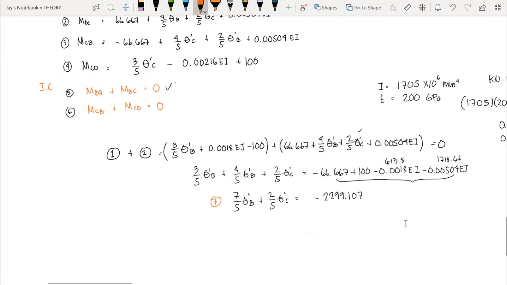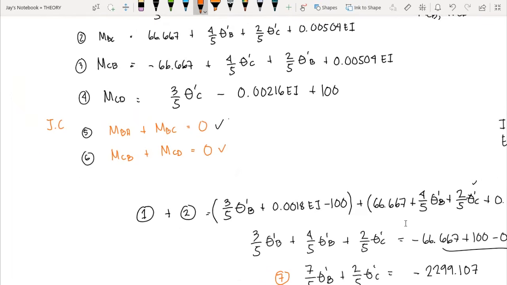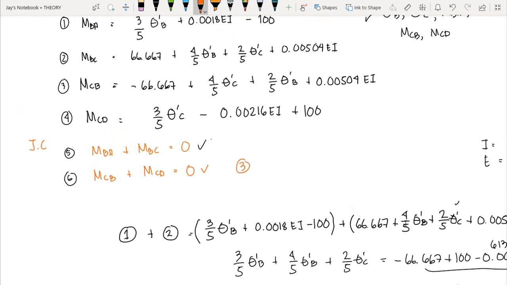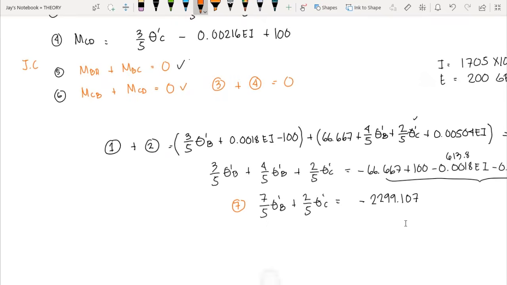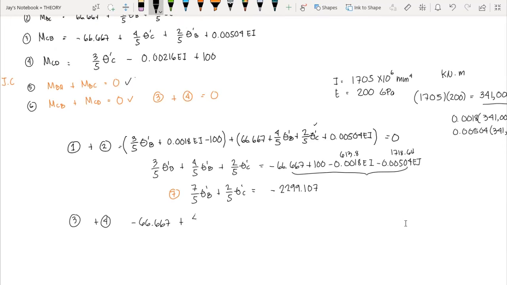Now we create another equation using equation number 6, in which we have MCB plus MCD equal to 0. We have the third equation plus the fourth equation: MCB is negative 66.667 plus 4 over 5 theta prime C plus 2 over 5 theta prime B plus 0.00504 EI.